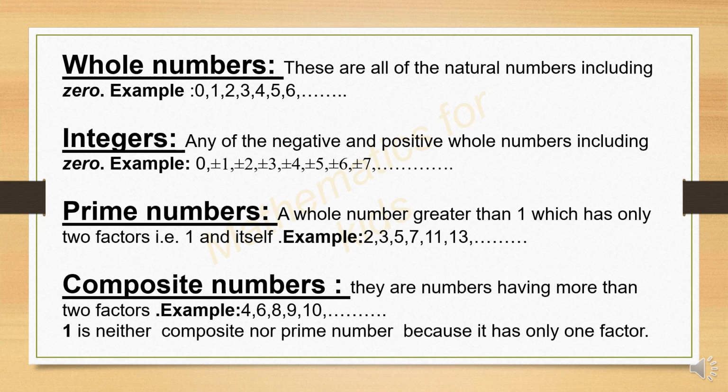Examples are 4, 6, 8, 9 and 10. Here you can see that 4 has more than two factors, that is 1, 2 and 4 itself. One important point is that 1 is neither a prime nor a composite number because it has only one factor, that is 1 itself.